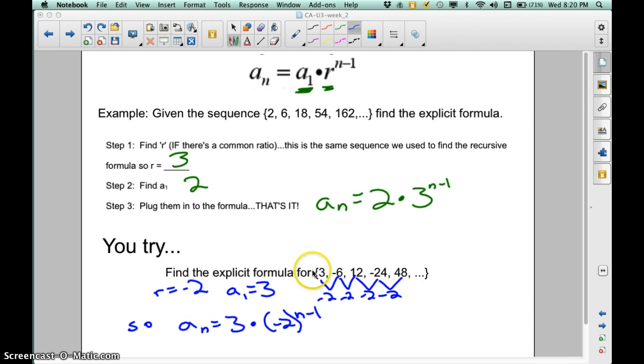And A sub 1, the first term, was 3, and all I did was plug those in to the right places in the formula. This time it made sense to put parentheses around my R, and it might just be a good habit to do it all of the time, just in case. You don't want to miss your times and think that that's minus 2. It keeps it separate, makes it look a little less confusing.